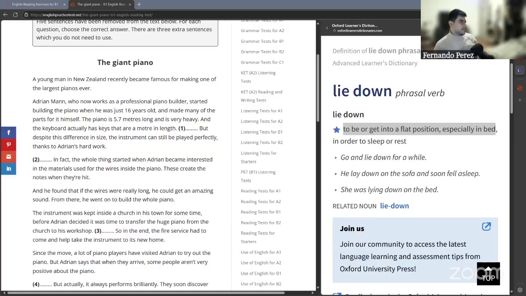Lie down, acostarse. Good job. Word type, don't forget the word type, and the level.